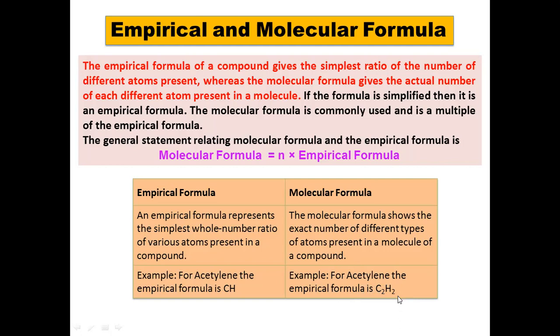That is, the total number of carbon atoms is 2 and the total number of hydrogen atoms is 2. So the molecular formula indicates the exact number of carbon and hydrogen atoms in acetylene, whereas the empirical formula gives the simple whole number ratio for the two atoms present in the acetylene molecule.